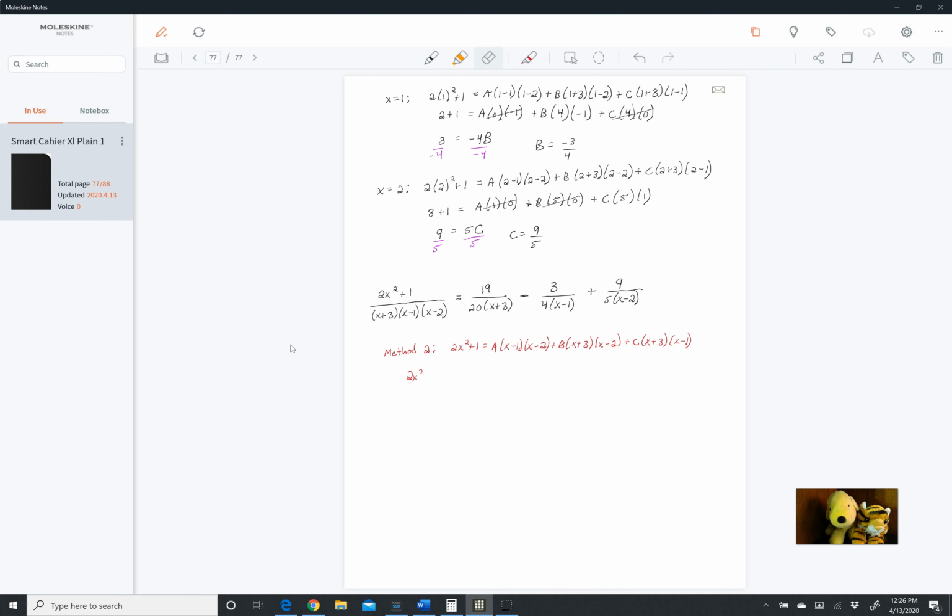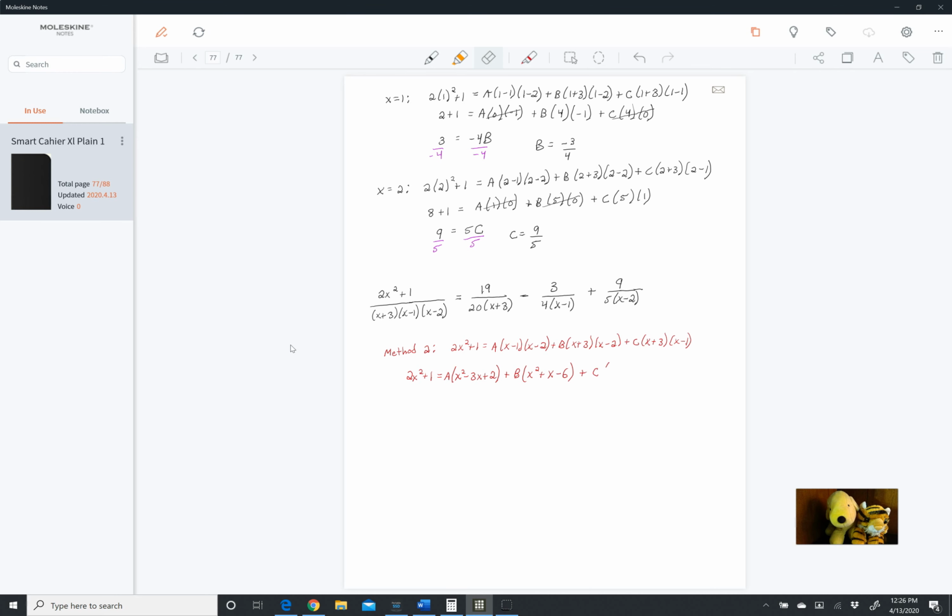So you get 2x squared plus 1. Do this in 2 steps, I would recommend it. So x minus 1 times x minus 2 gives us x squared minus 3x plus 2, times a. Then x plus 3 times x minus 2 gives us x squared plus x minus 6, times b.